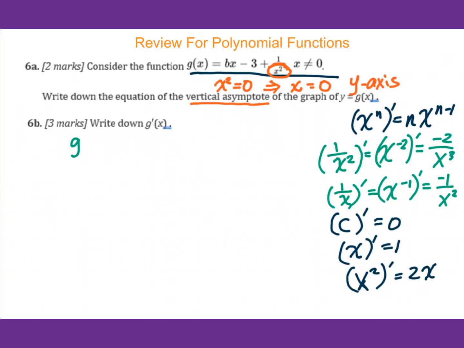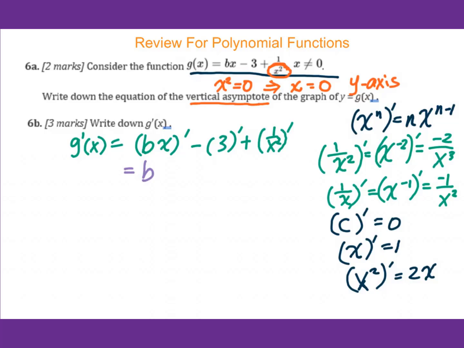Therefore, for g prime of x, for bx we do the derivative, minus 3 we do the derivative, plus 1 over x squared we do the derivative. You will get b, this will be 0, and this one will be negative 2 over x to the third power.